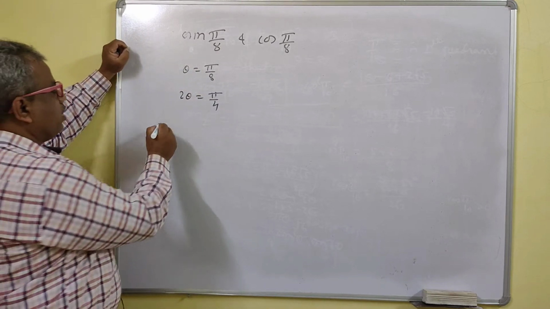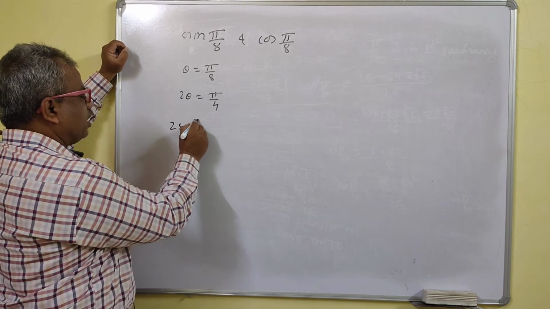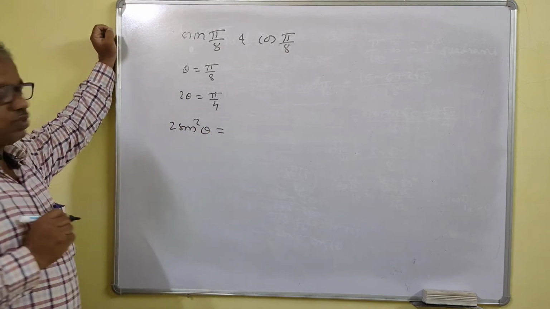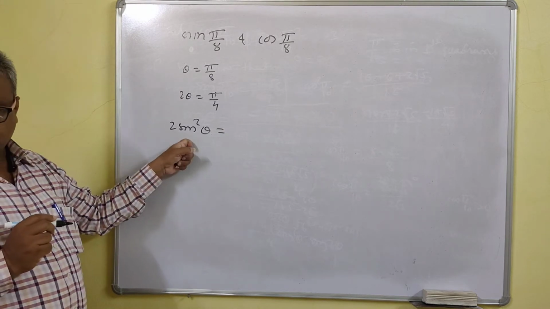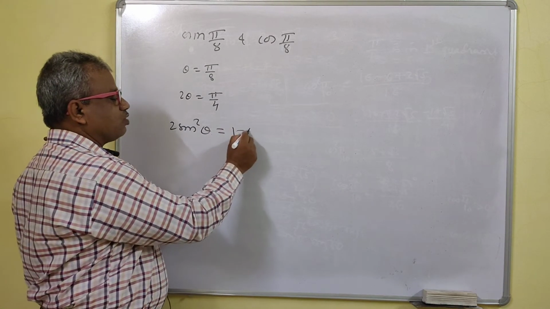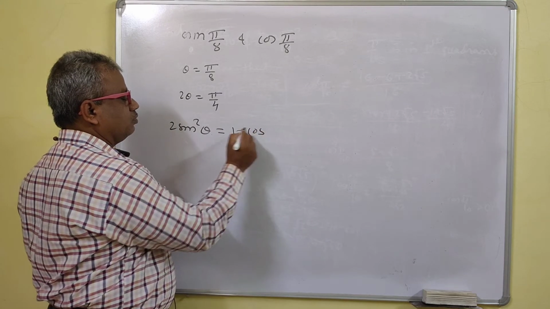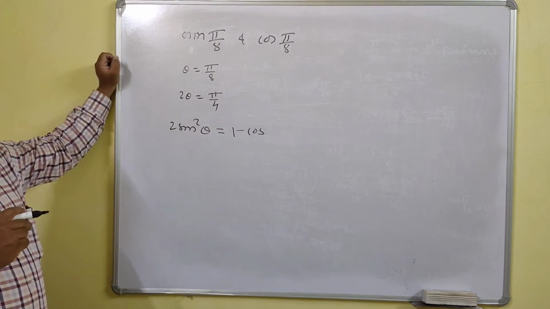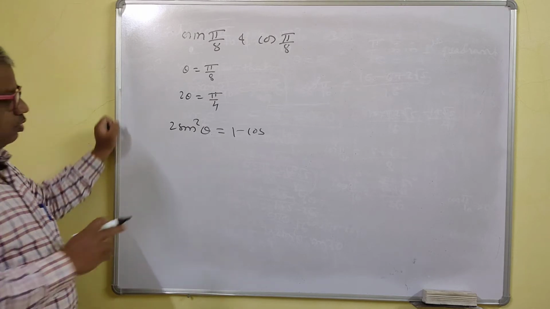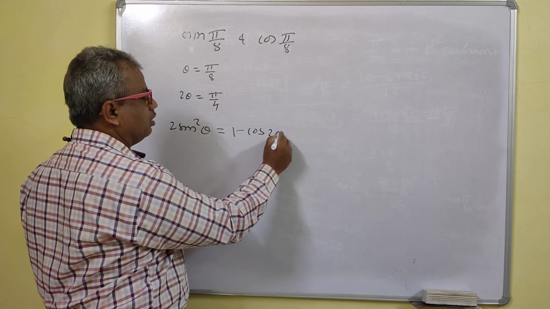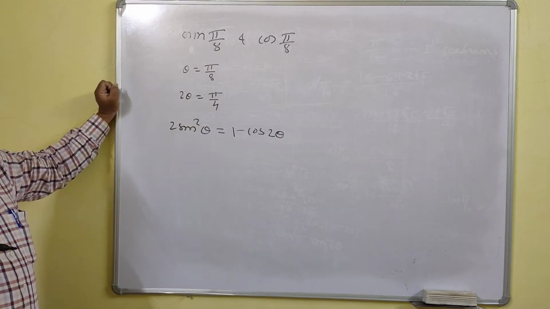Right? So we know that 2 sin square theta is equal to 1 minus cos of double the angle, that is, twice theta.